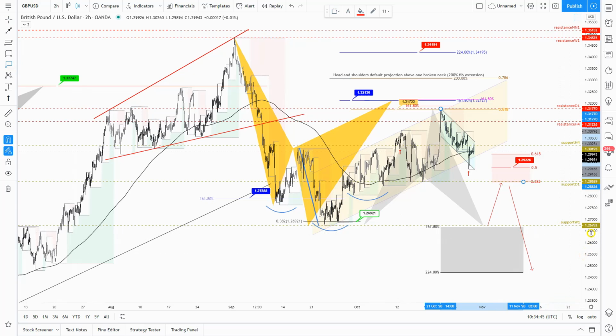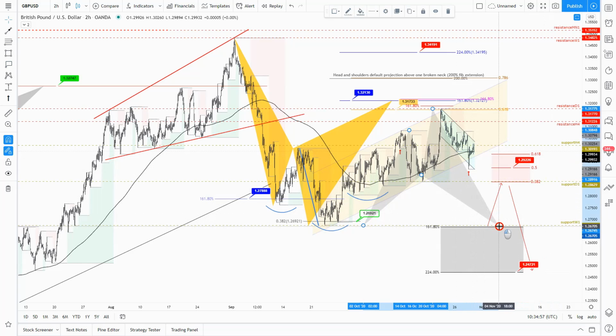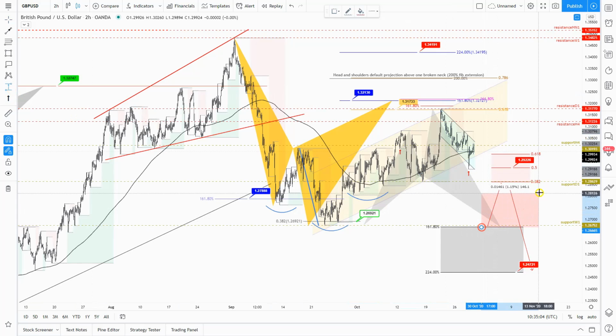So the weekly fractal is positioned at 126.75 and the 224 at 124.72. I'm not saying that's what will happen. We need to wait for the pattern to form, and then we measure our potential reward for that trade, okay?